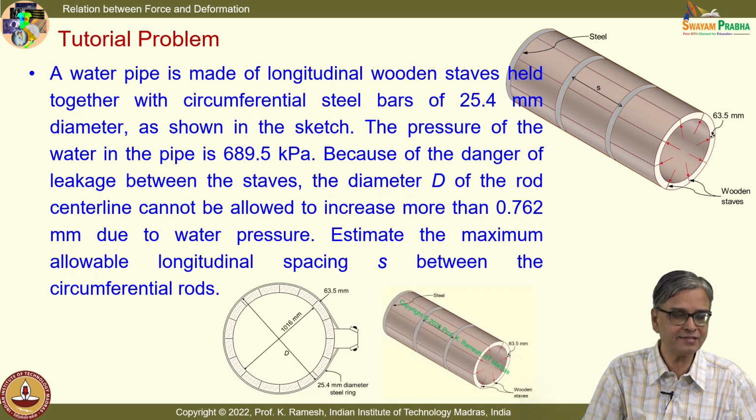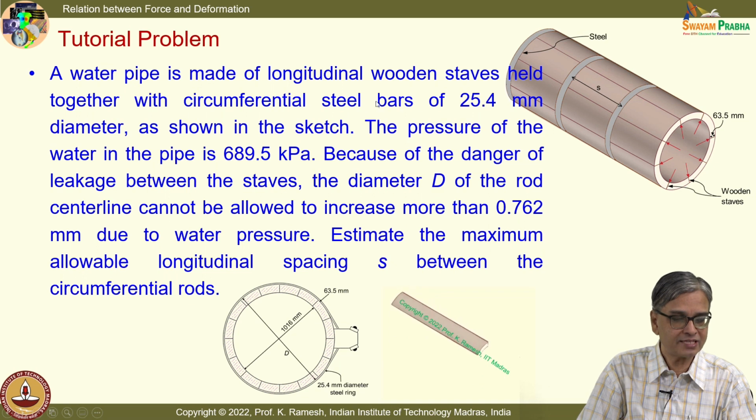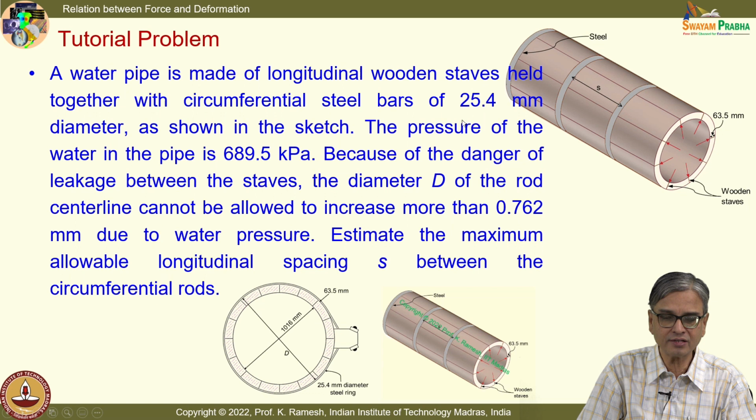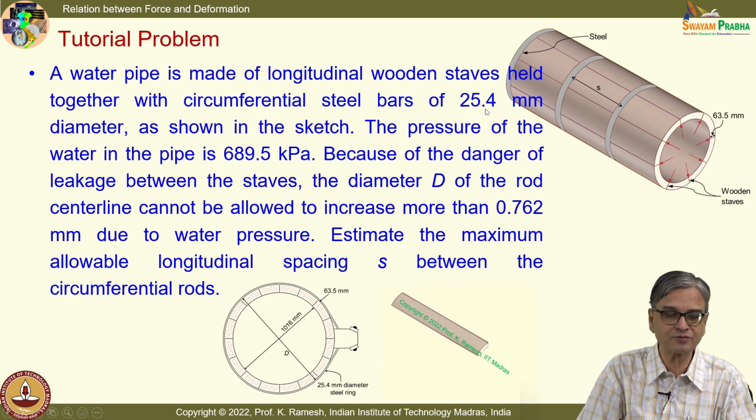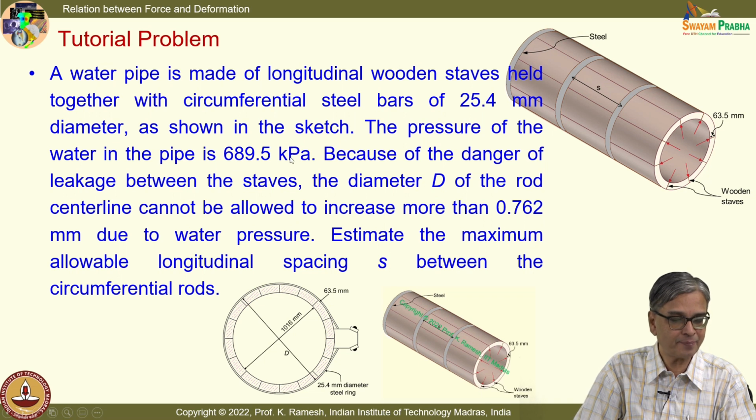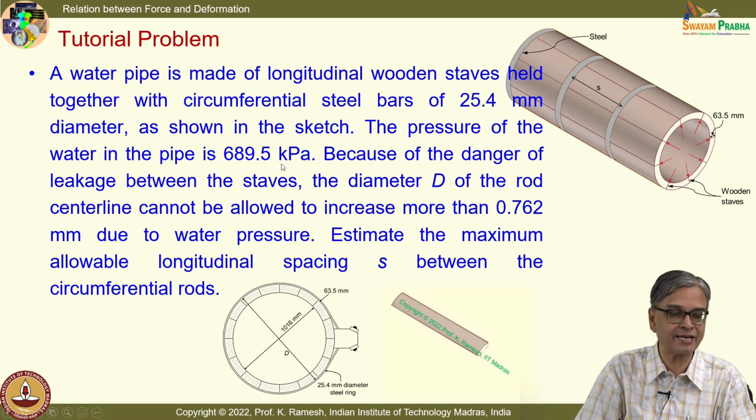And what does the problem say? The problem says, what is the size of this steel rod? That is 1 inch, that is 25.4 millimeter diameter. Pressure in the water pipe is also given as 689.5 kilopascal.